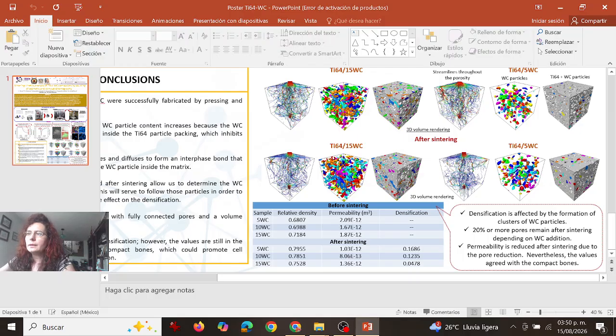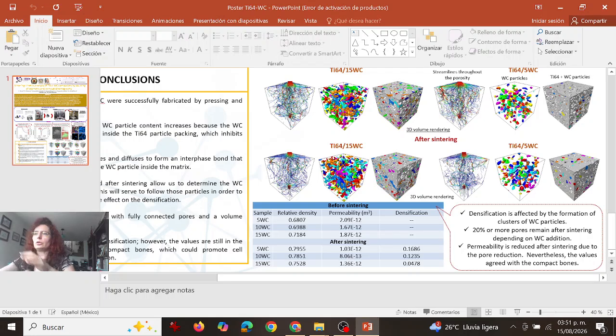Also, we can say that 20% or more pores remain after sintering, depending on the tungsten carbide addition. And also that the permeability is reduced after sintering due to the pore reduction. Nevertheless, the values agreed with the compact bones.